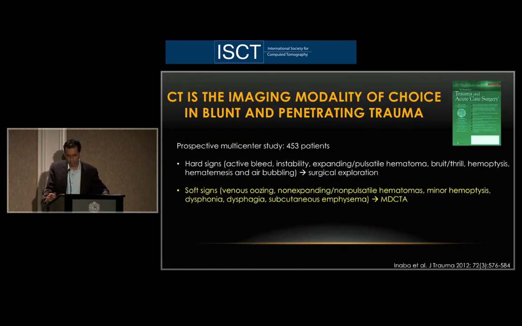Now, CT is the modality of choice, and this has been accepted by surgeons and published in the Journal of Trauma and Acute Care Surgery in a prospective multicenter study of 453 patients. The hard signs, when you had active bleeding, instability, expanding pulsatile hematomas, bruits, thrills, hemoptysis, hematemesis, and air bubbling, those patients went for surgical exploration.